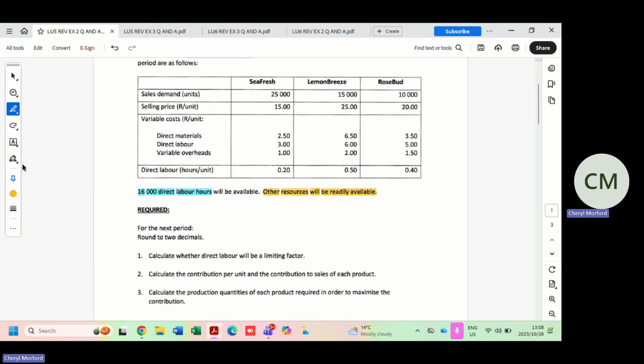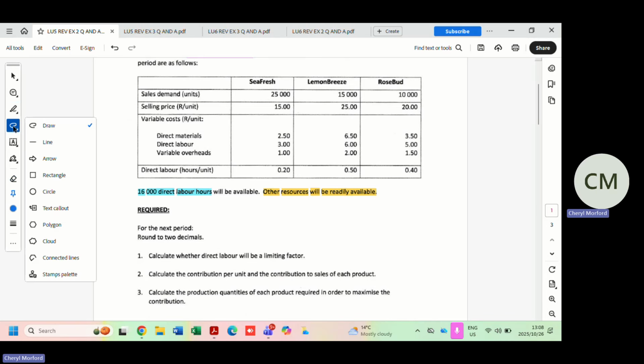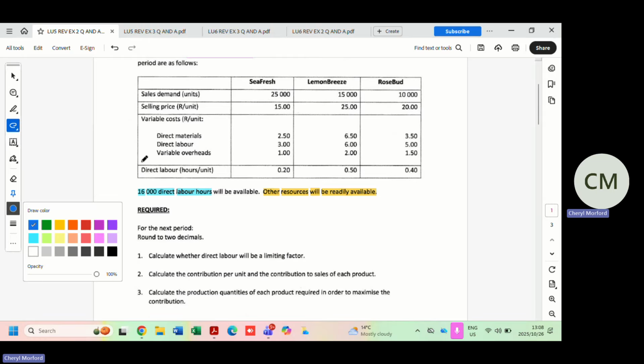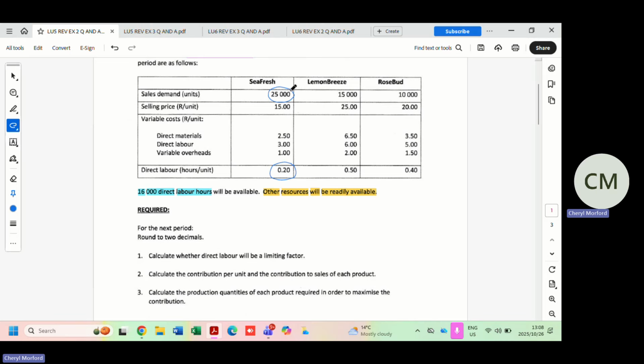So we're going to work out the total number of labor hours needed for each of the products. If we look first of all at Sea Fresh, it requires 0.2 of an hour to make a single soap. If we multiply that by the demand of 25,000, that will give us the total number of hours required to satisfy the production of Sea Fresh.